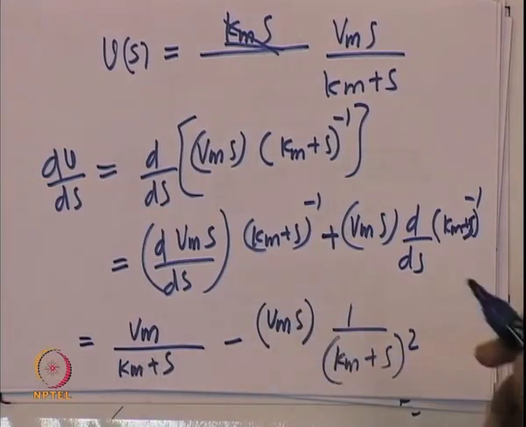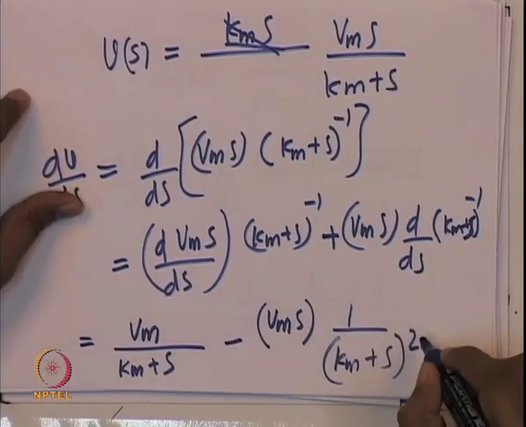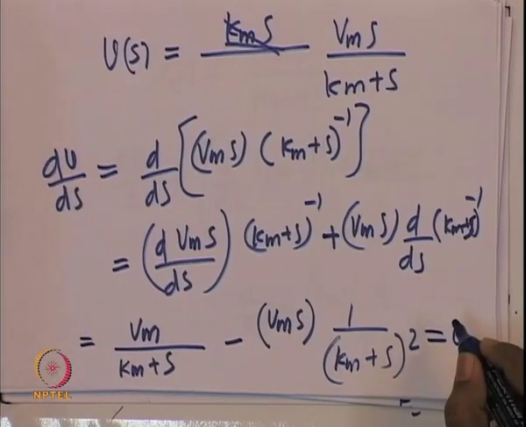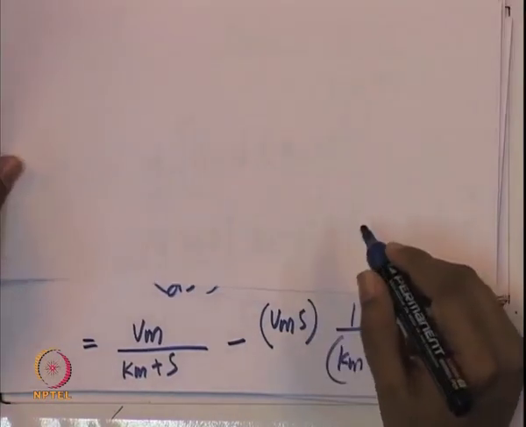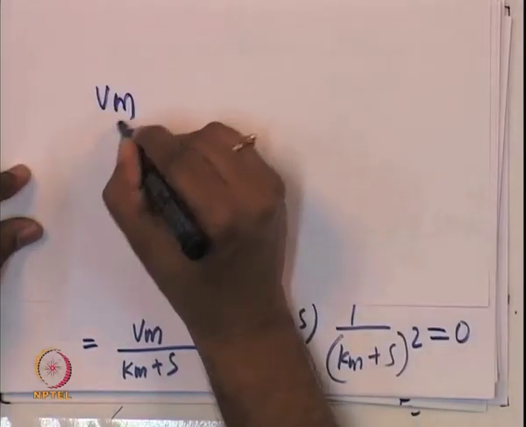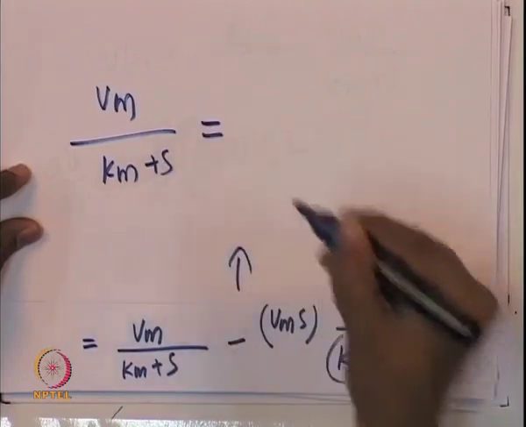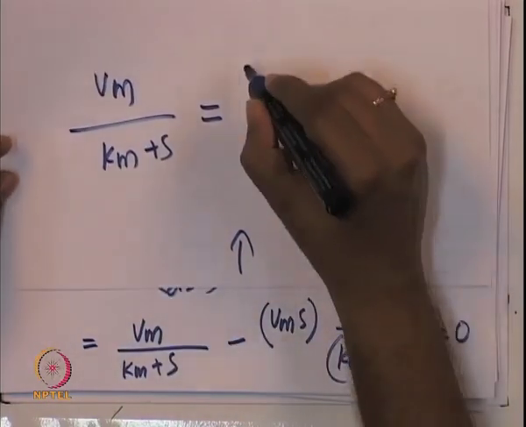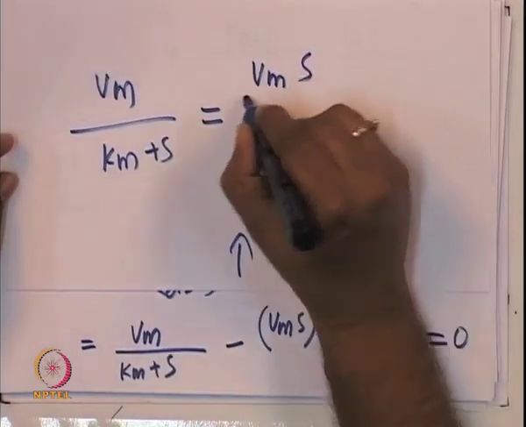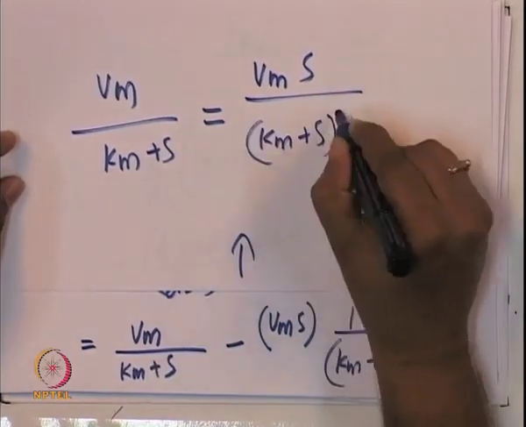If the derivative is 0, that means there is a maxima or a minima. There is a maximum or a minimum, at least one. So, let us see if the derivative is 0 at all. So, let us equate this to 0. What we have here is basically, if you go from here to here, Vm by Km plus S has to be equal to VmS by Km plus S whole square.